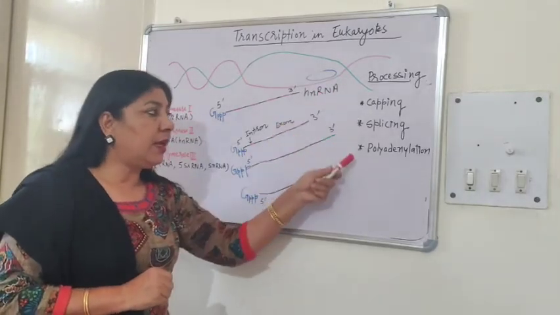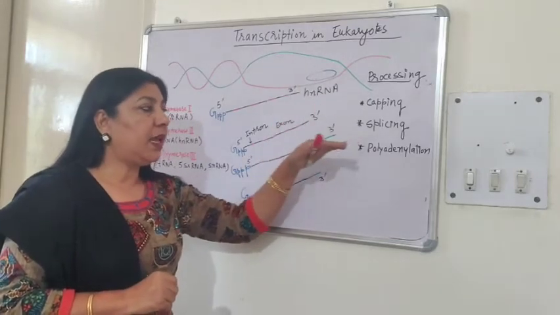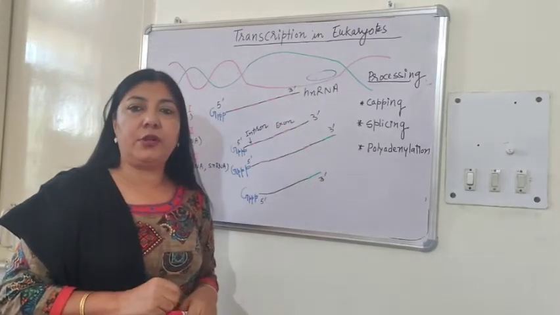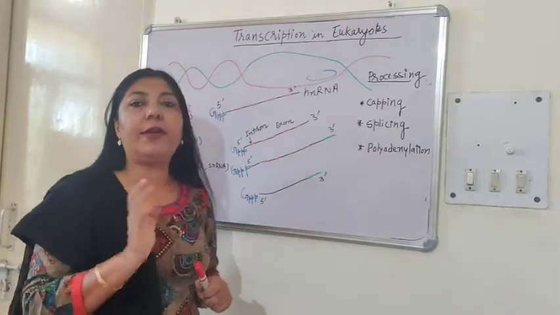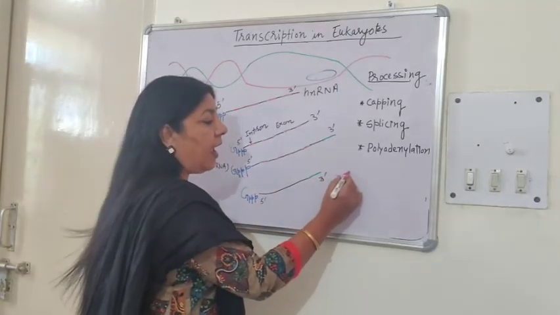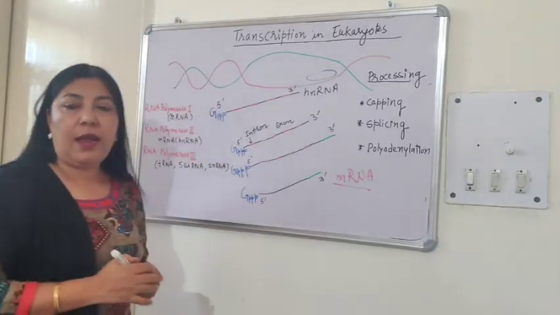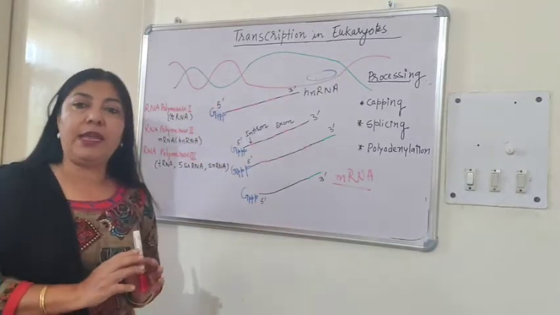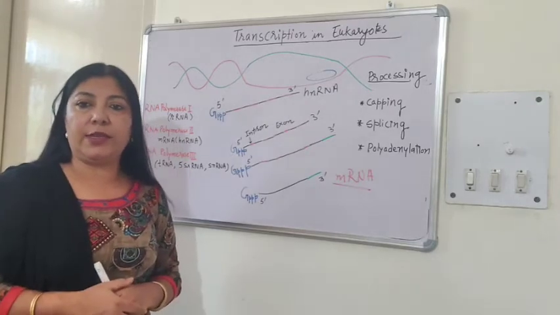So these three processes, that is capping, splicing and polyadenylation, after these are completed, whatever transcript is produced is known as mRNA, messenger RNA. And this messenger RNA only will be released from the nucleus into the cytoplasm.